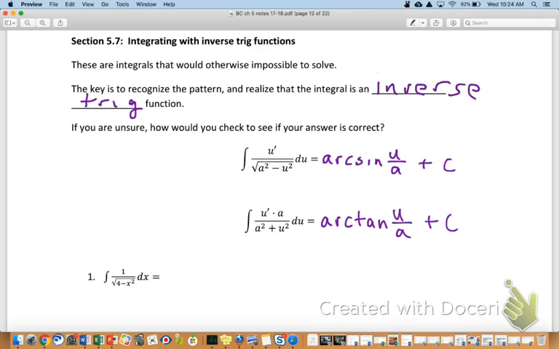Now this is all presupposing a couple things. The biggest of which is, did Timmy mess anything up? Because if he did, if the du is wrong, maybe he's off by a factor of 5 or a factor of -7 or something, we might have to fix some issues. But as long as we can get to this form, we'll end up with these arcsine, arctangent antiderivatives.